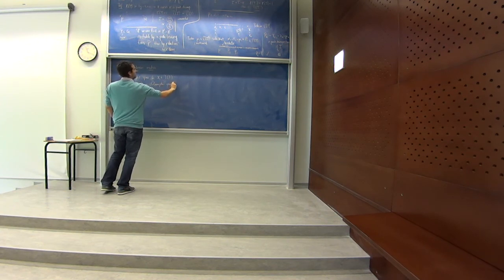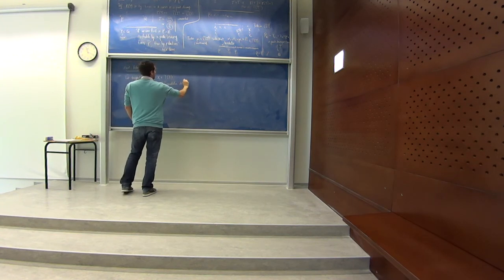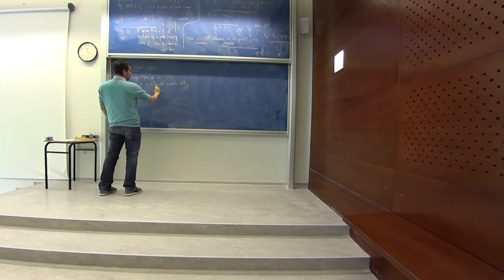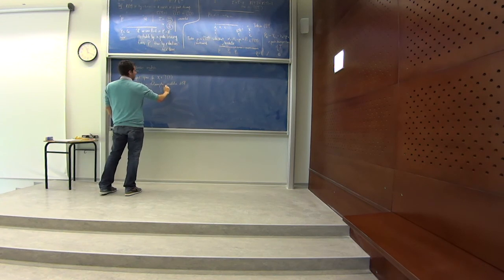Whatever. If you don't know why this is true, then there's nothing I can do that can help you. But locally these are just things of the form h of z times dz squared.